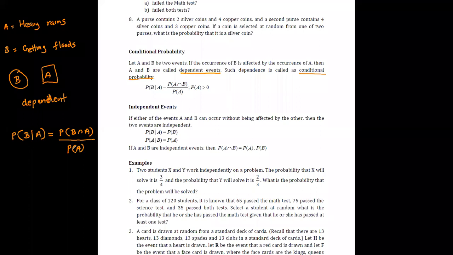It is the probability of A, and we can use this conditional probability if you know that probability of A is greater than 0. If this value becomes 0, it means that we know that event has not happened. Therefore, if one event has not happened, then the other event cannot happen. It is because if you are not getting heavy rains, there will not be any floods.